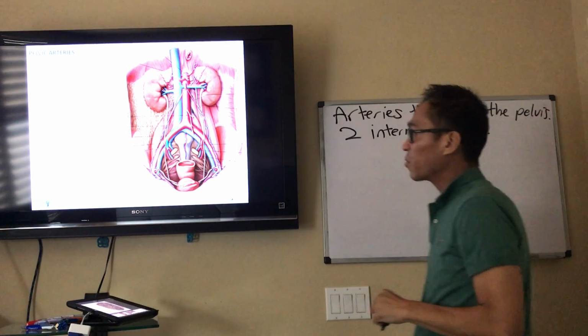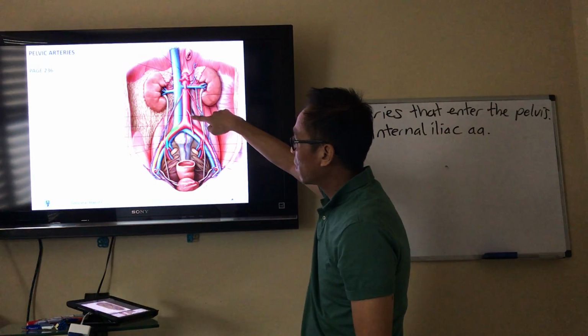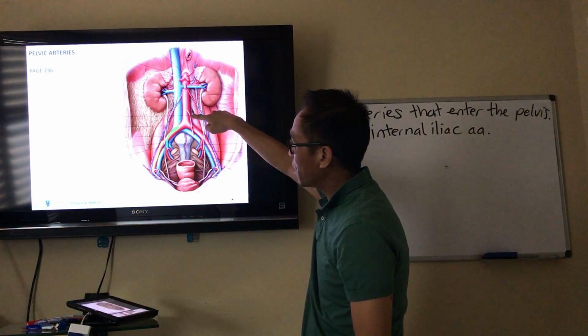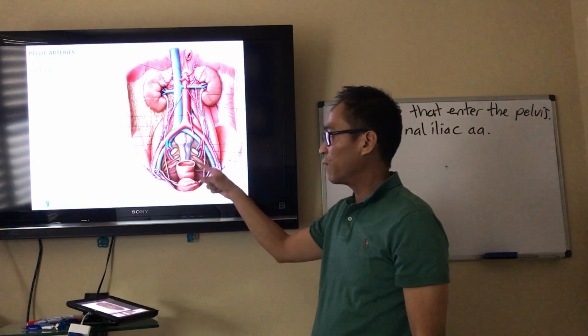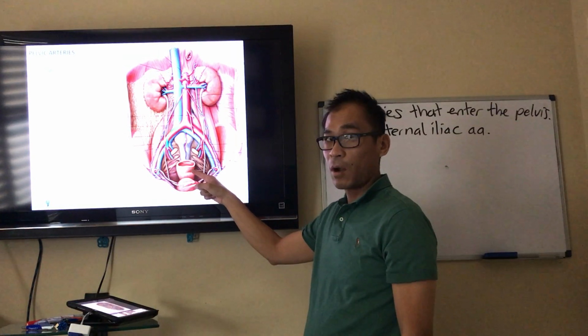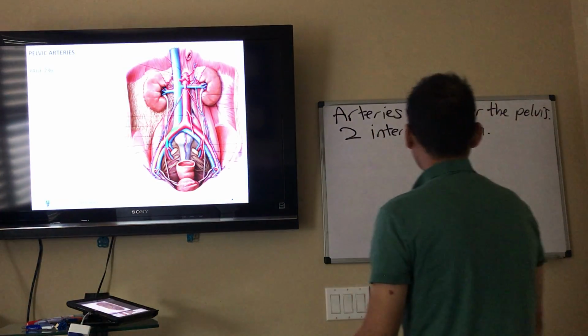You also have this artery right here, that's actually the inferior mesenteric artery, but it continues on in the pelvis as the superior rectal artery. So that's another one.